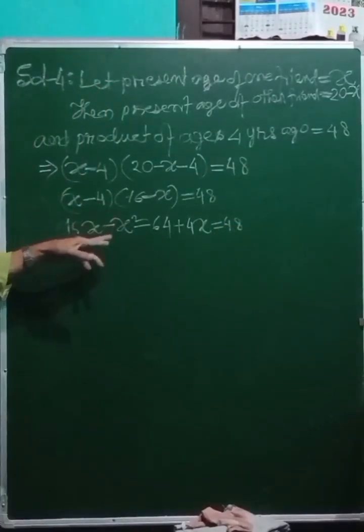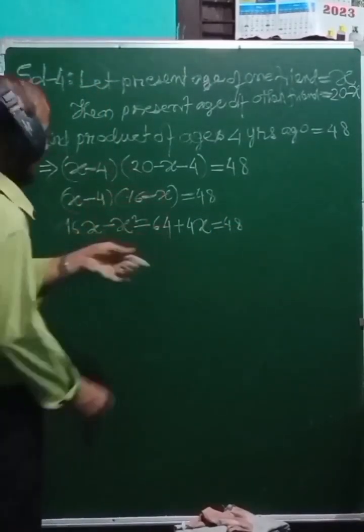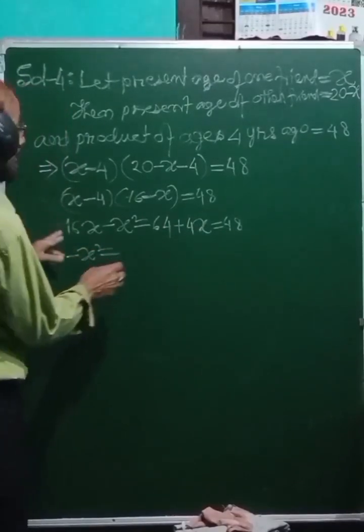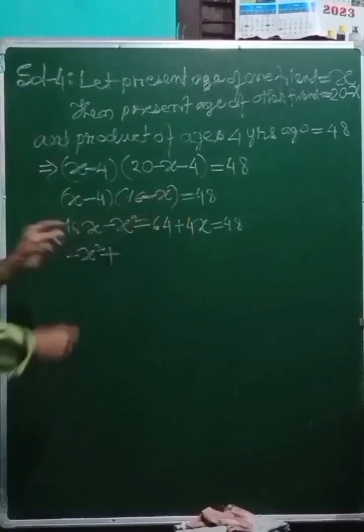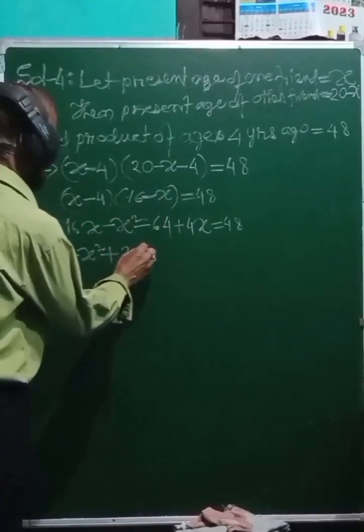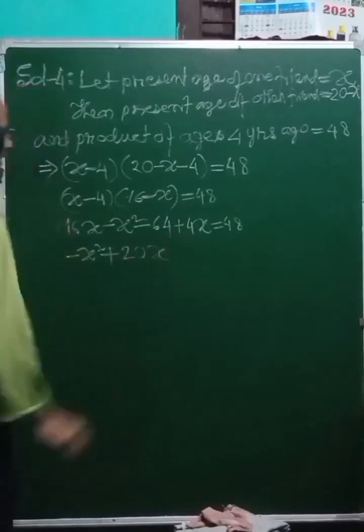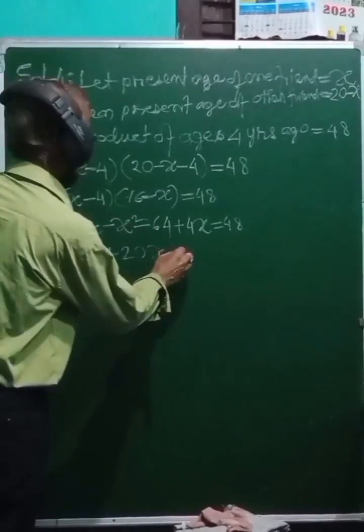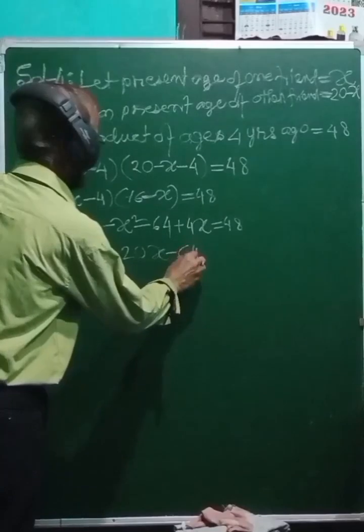Write the x square first so that it will be a standard equation. Minus x square, then 16x plus 4x will be 20x, and the remaining minus 64.